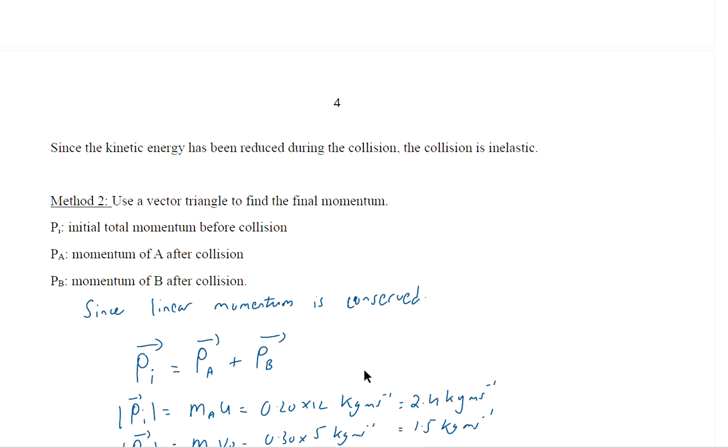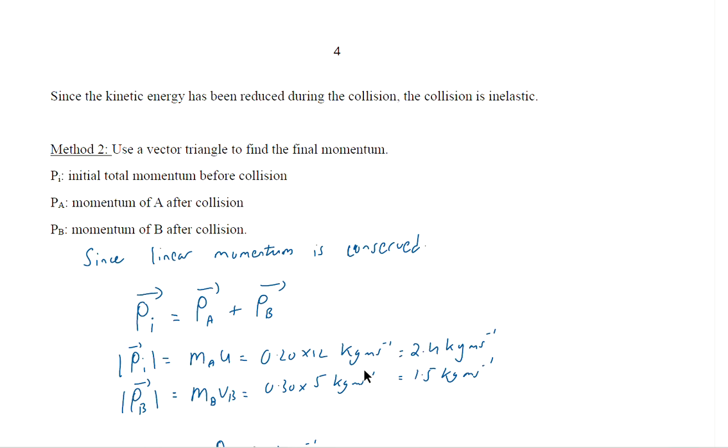If I have to write an equation in the vector form, it's going to be as follows. Initial momentum is the sum of the two momenta after collision. It's a vector addition, not a scalar addition. Means you need to take direction into consideration.